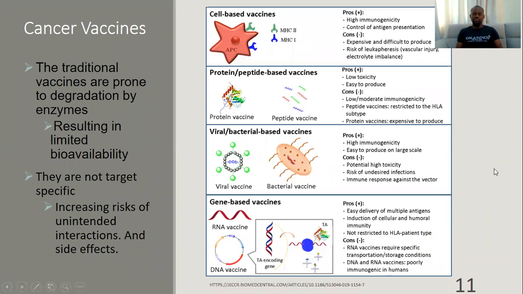So cancer vaccines, we have cell-based, protein, peptide, viral or bacterial, and gene-based vaccines. These different types of vaccinations elicit different types of immune responses, some strong, some weak due to limited bioavailability.